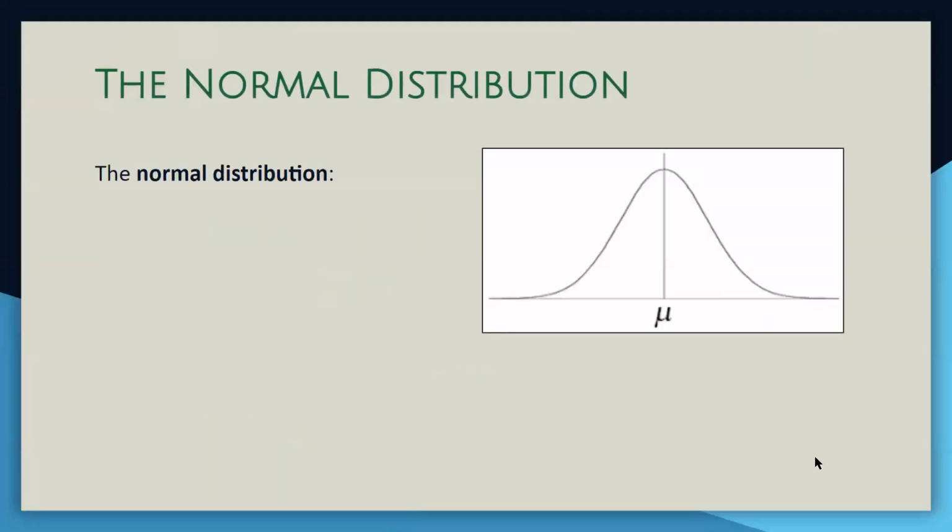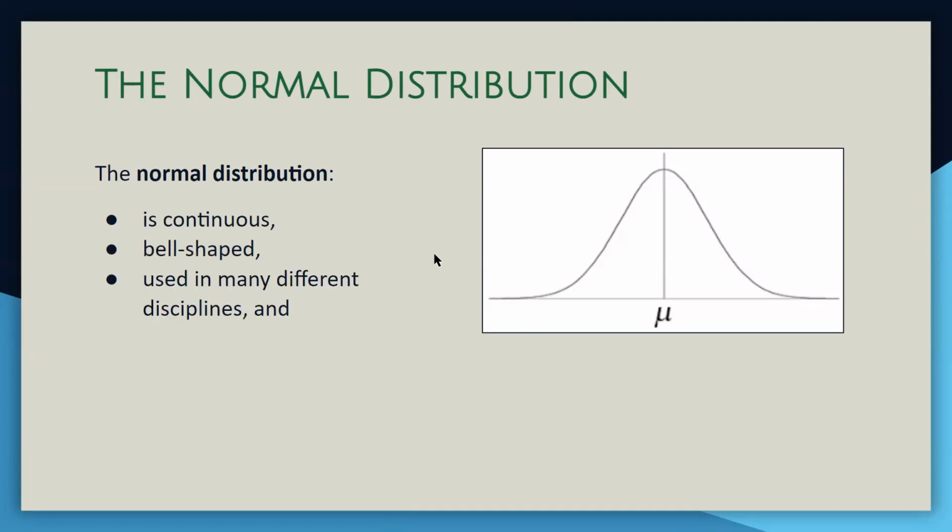So the normal distribution is continuous, building on our last video. It's bell-shaped, like this picture over here on the right. It's used in many different disciplines. A lot of things associated with humans, when you group us all together, tend to form normal distributions, lots of things in nature.